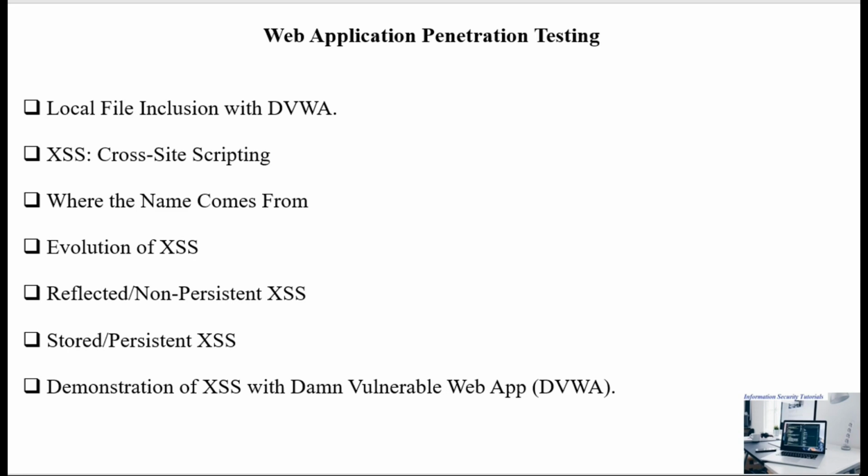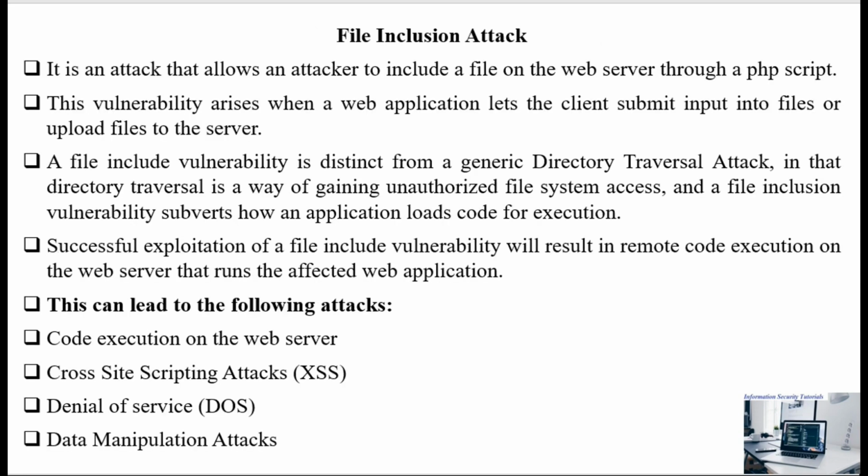Let's start. First, let's understand what a file inclusion attack is. Well, it is an attack that allows an attacker to include a file on the web server through a PHP script. A file inclusion vulnerability differs from a generic directory traversal attack in that the latter is used to gain unauthorized access to the file system, while the former involves manipulating the way an application loads code for execution.